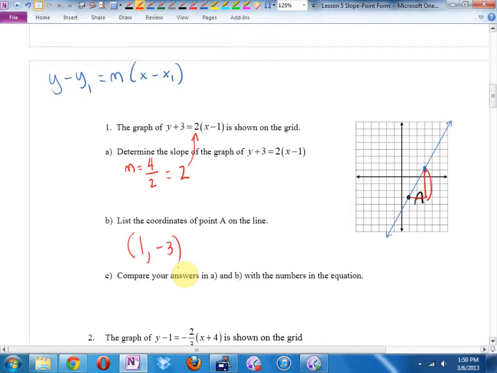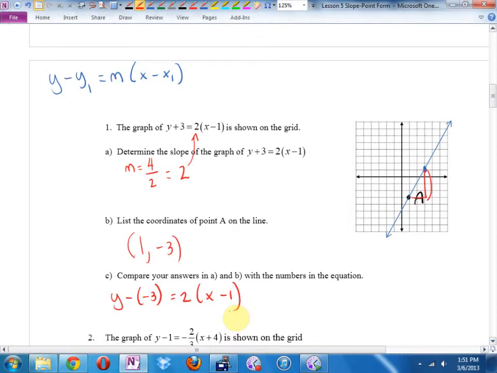See where the 3 is? Why is the 3 positive and not negative? Right? It's really this.